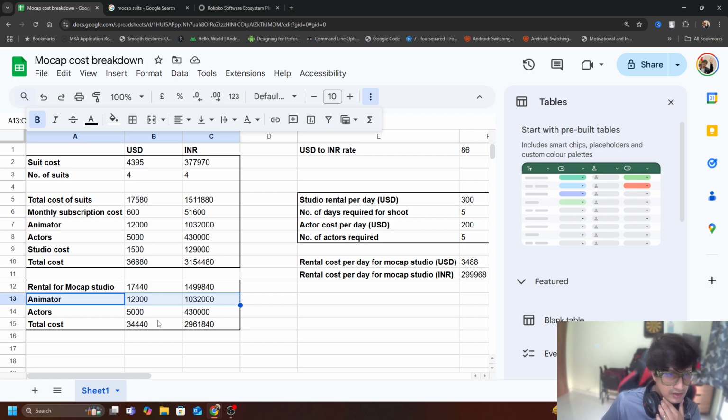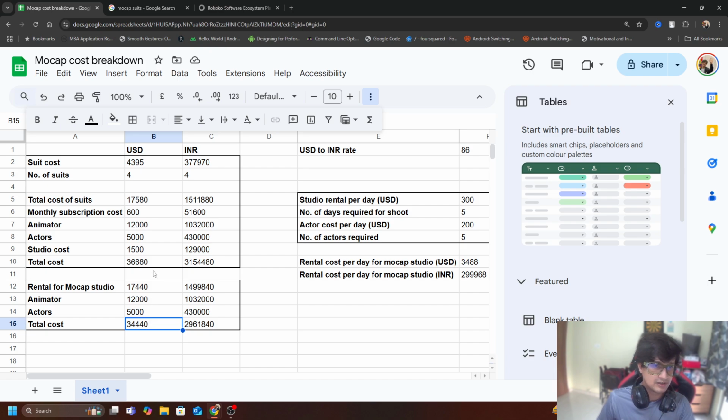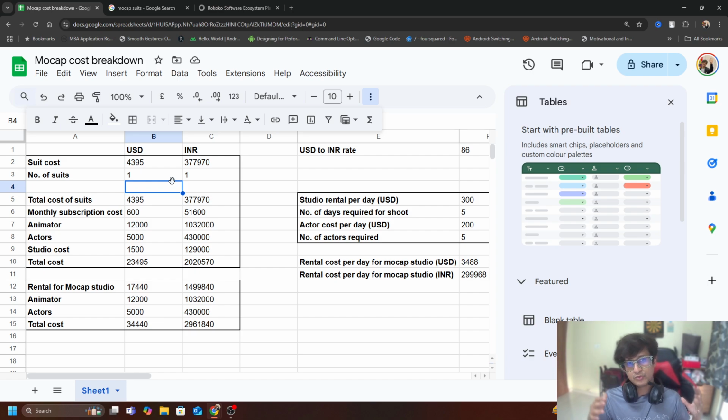So as you can see over here, roughly the cost turns out to be the same, but if you buy one mocap suit, then you end up spending relatively less and you can reuse it. The only advantage with buying a motion capture suit is that you buy it and you can use it for your future purposes as well.